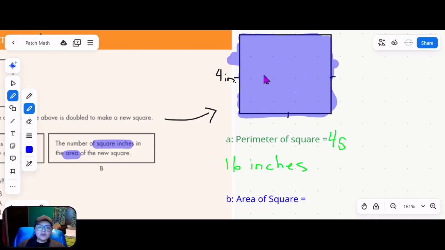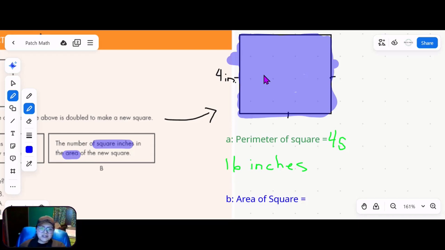Your area is going to be the amount of grass on the inside of that fence. It is going to be the amount of square footage, or in this case, square inches. Well, if it's inches, that would be a very tiny creature, but let's say square miles would be more humane for a field. And then the square miles would be how much area the farm animals have to graze there.